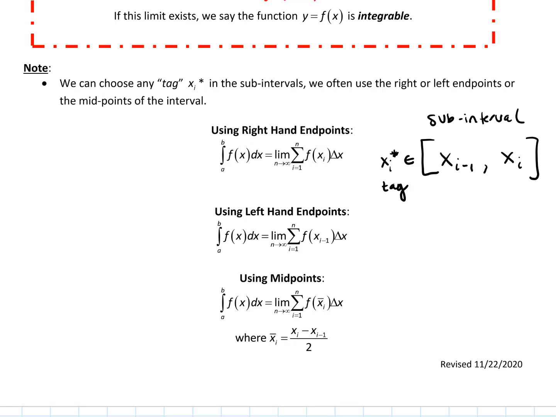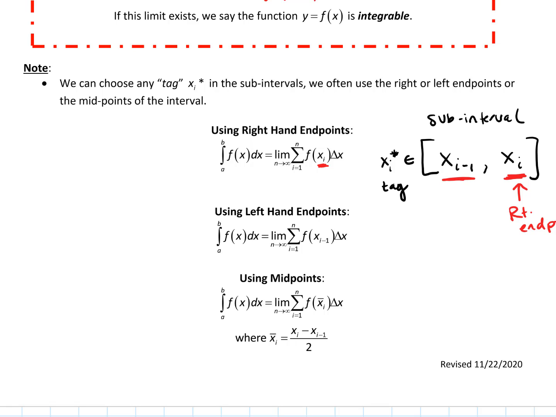So if we were to choose the right-hand endpoints, then our tag would be just x sub i. So the integral from a to b of f of x dx would be equal to that limit of that sum of f of x sub i.